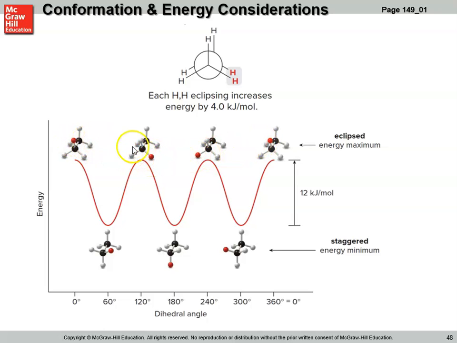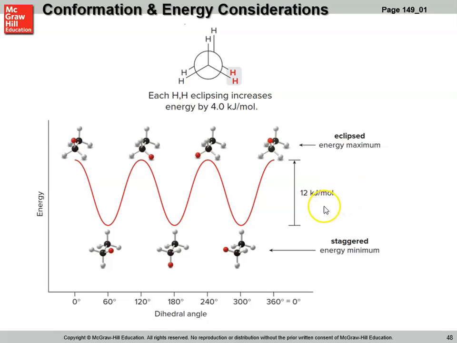As it's moving around in the eclipsed form, it lowers its energy as it moves away from that eclipsed position to be exactly staggered, on the other side in between these two different bonds. And as we start to get closer to this other lower hydrogen, the energy increases again until we're again in an eclipsed form, and then we move away from that and we're fully staggered, and then we move towards eclipsed, staggered, eclipsed.